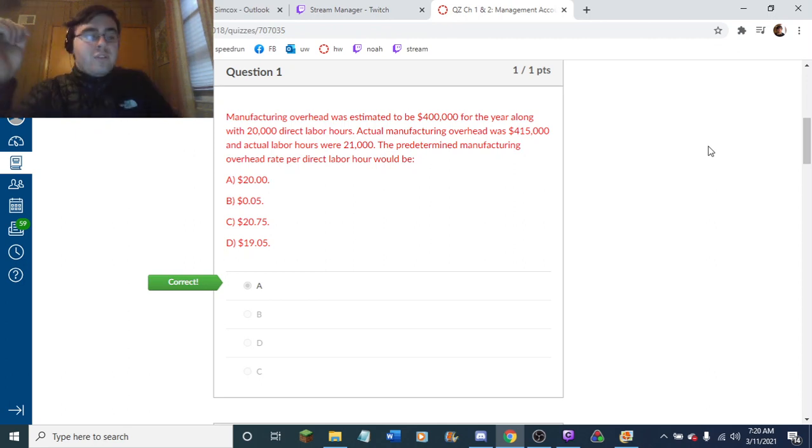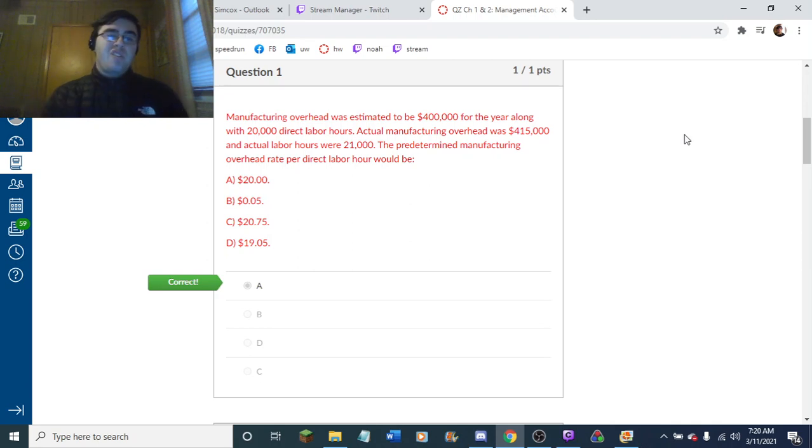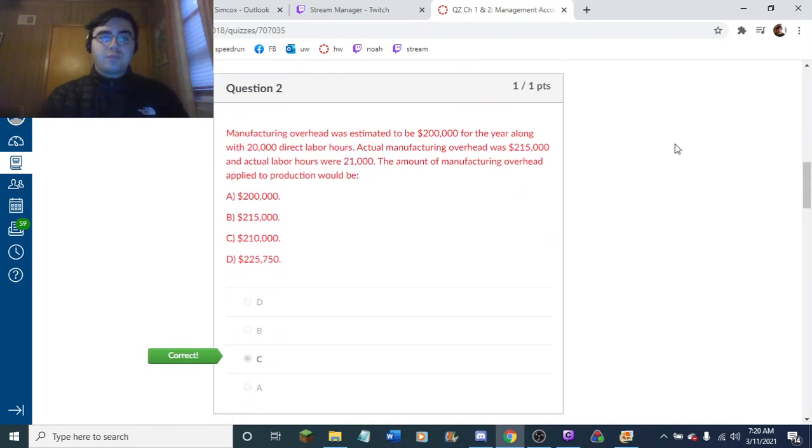Okay, the predetermined manufacturing overhead rate is 400,000 divided by 20,000, which is 20. Yes. Now, what is the amount of manufacturing overhead applied to production?